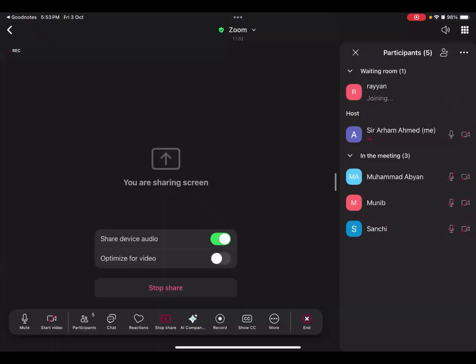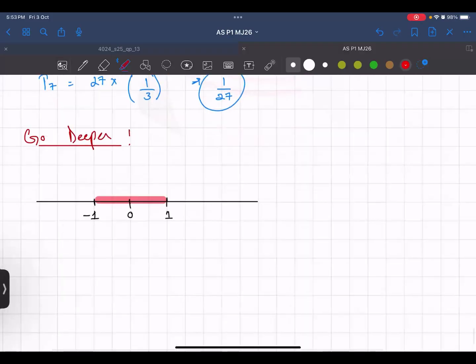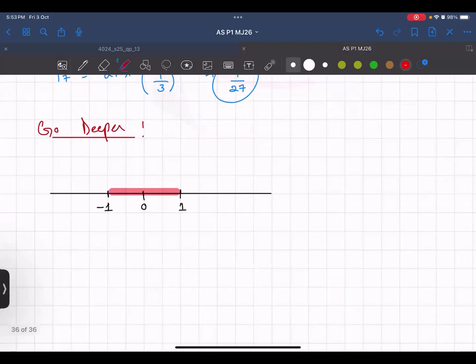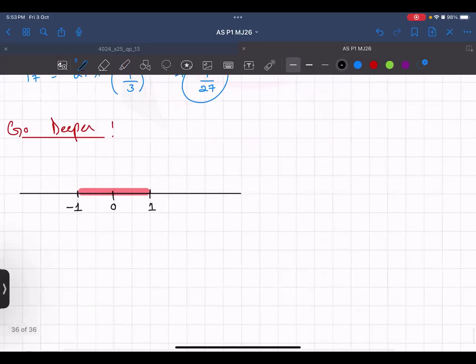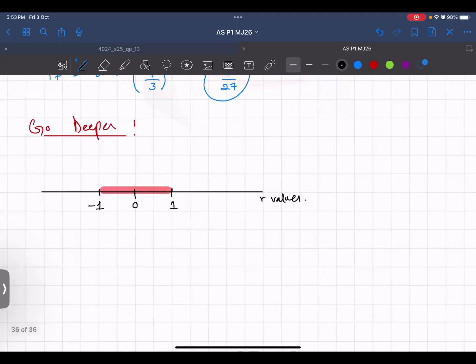Now this is a very important thing. Everyone, give me attention. So this is your R. If your R values are between -1 and 1, and if your R values are more than 1 or less than -1, the green part, the red one and the yellow part.